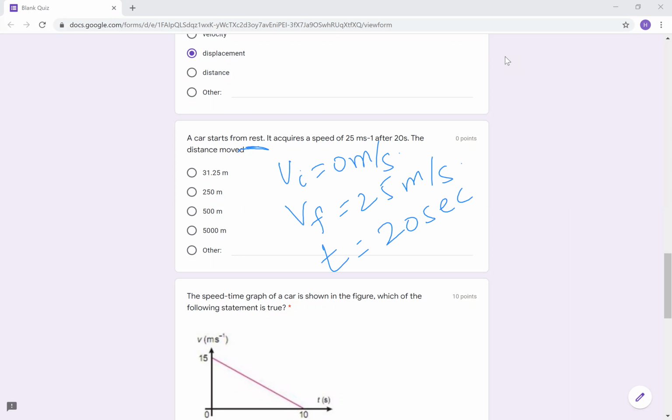Now in this case, we have to calculate the distance moved. Most of the students, or even me as well, can get confused and write down the formula v equals d over t, or we can say s over t, if s is a displacement or something like that, because it's a vector quantity.